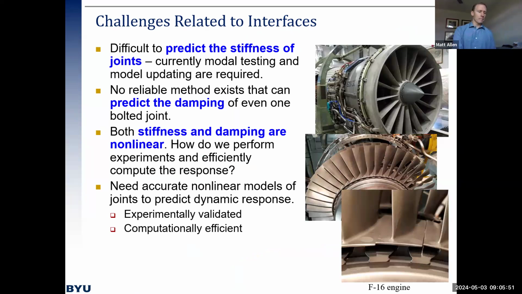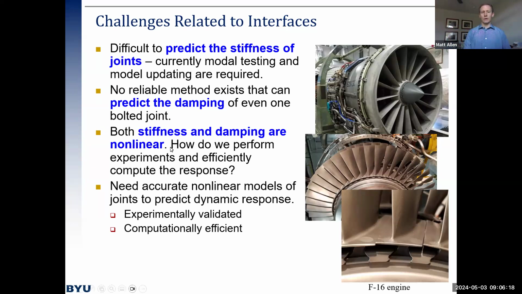We've had a few studies fairly recently that have come close, but I would argue that predicting the damping of a realistic structure, the damping due to the joints, is something that's still out of reach today. So what do people in industry have to do? They build it, they use past experience to come up with the damping, and then build prototypes and hope that the past experience was correct.